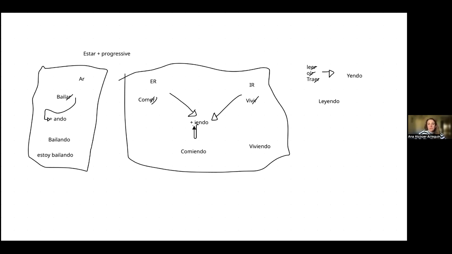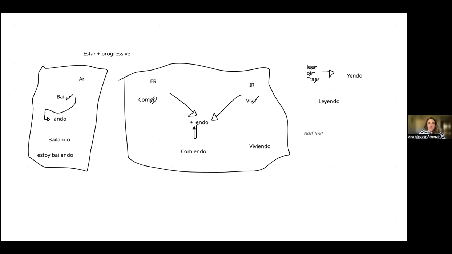The irregular verbs are just verbs that are irregular. What that means is that they don't go with the rules, because you don't drop the ending and you don't do what happens with the vowel.